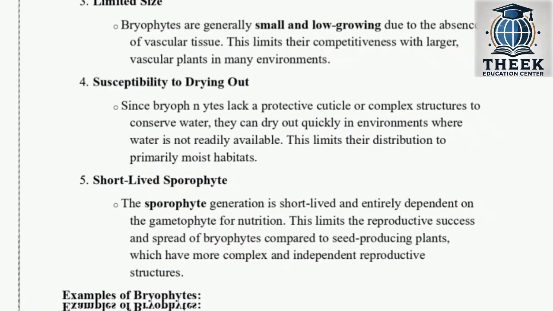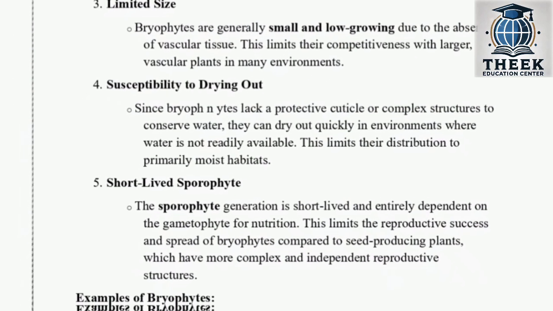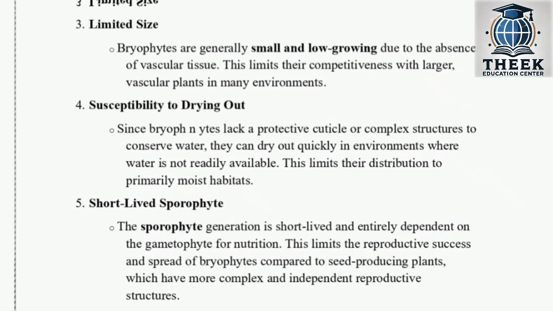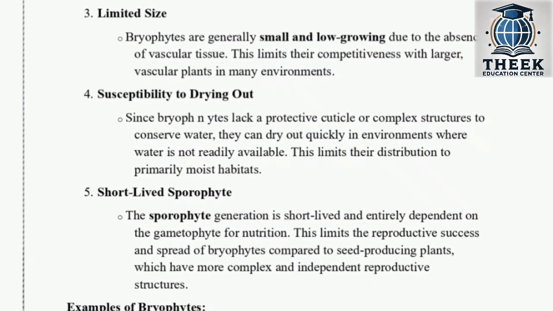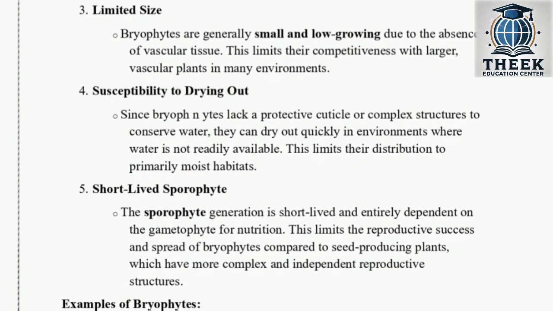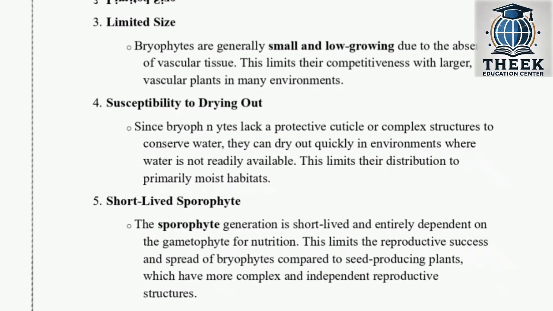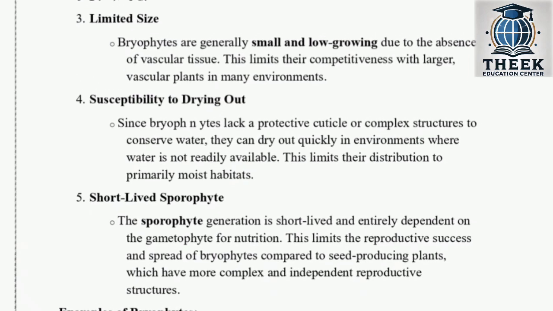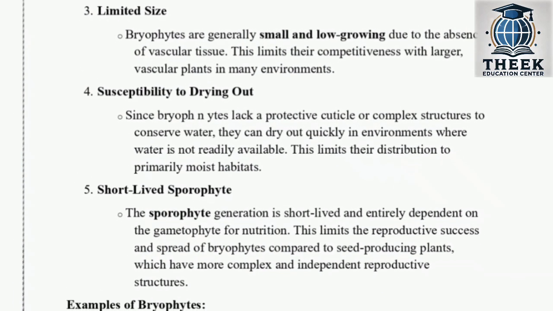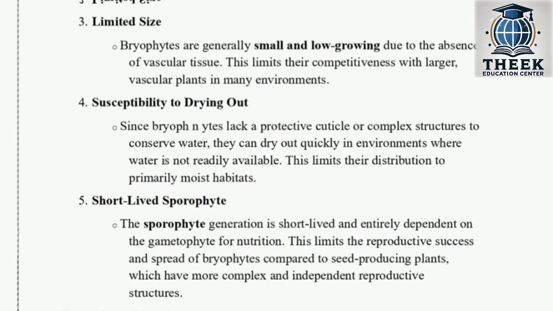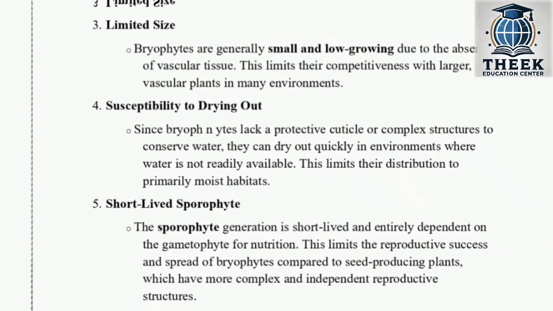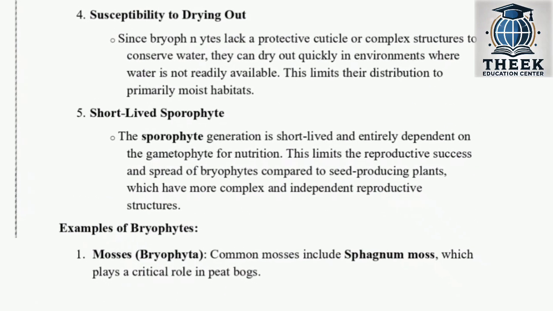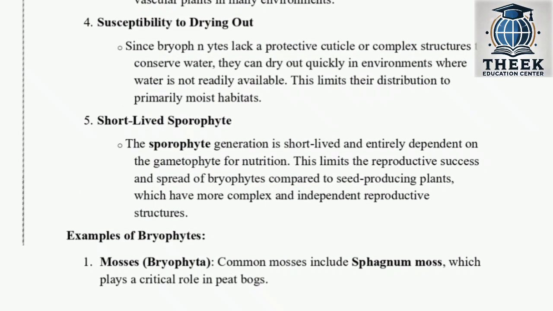The cuticle is a structure that prevents excessive loss of water, and since they lack it, they easily lose water to the environment where there is not enough water, so their distribution is limited primarily to moist habitats. They cannot distribute to other areas where there is not enough water.